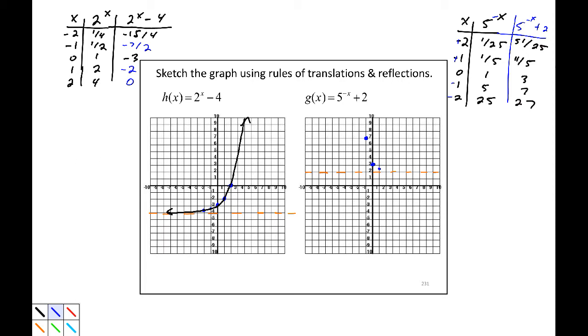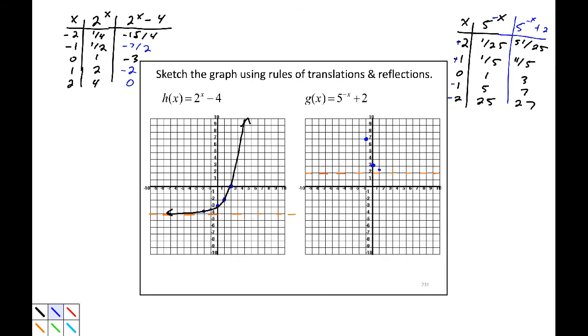I have the point (2, 2.04). My values are approaching the line y equals 2, which is our horizontal asymptote. So I can connect these in a smooth curve approaching my asymptote.